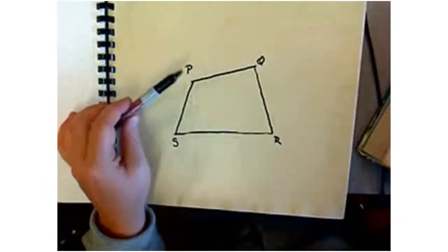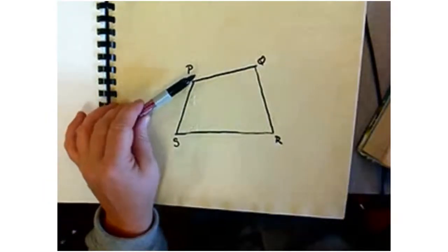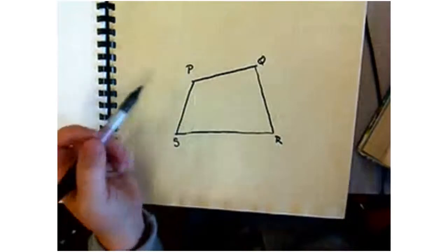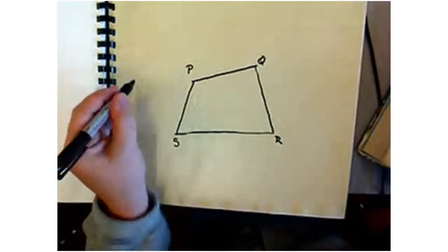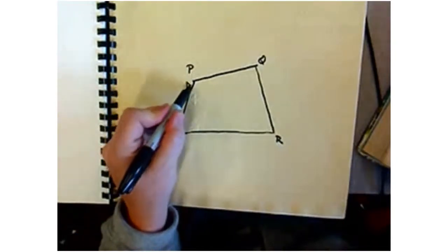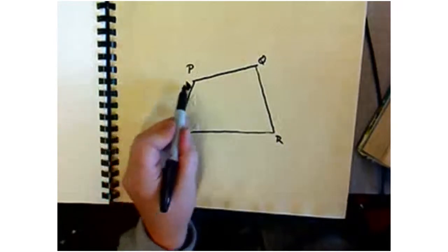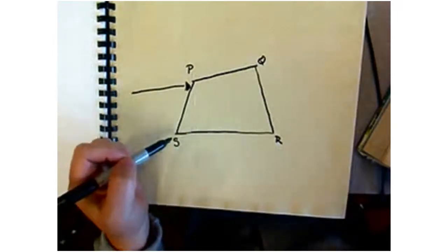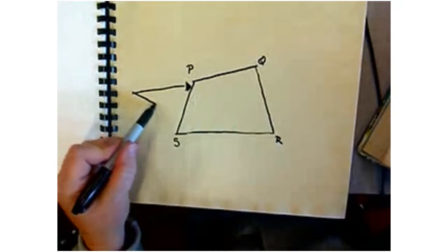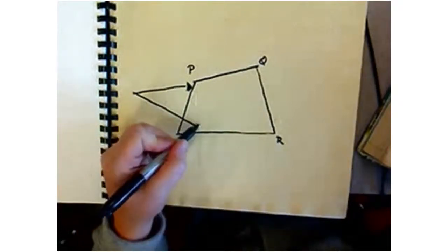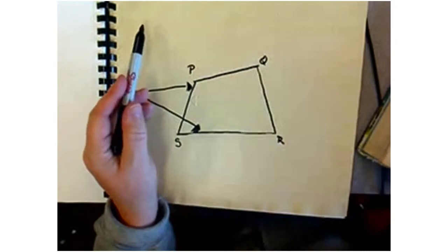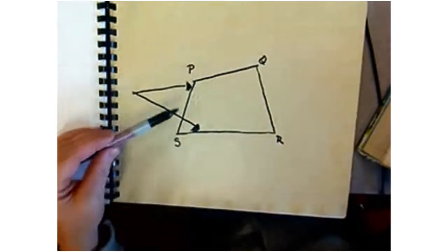It's just an irregular quadrilateral, and it's pointing at two things. On the left-hand side, it's pointing at, with an arrowhead, side PS, and then an arrowhead pointing down at side SR.